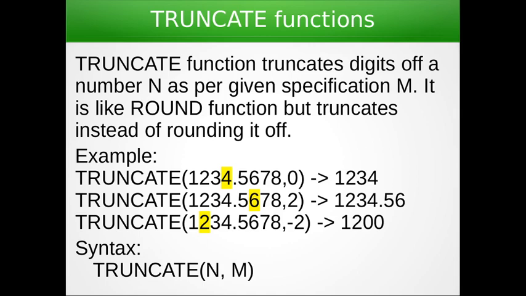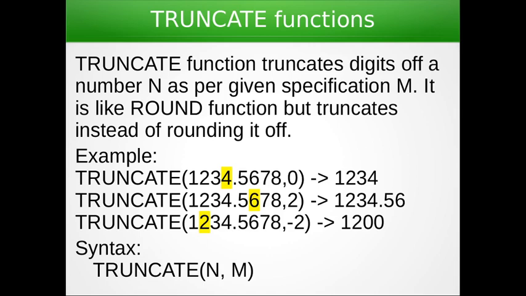As we have discussed in our round function, after the decimal point we look at the second place, that digit 6 is highlighted. In the third example, not after the decimal point but before the decimal point, meaning from the decimal point you have to move towards your left side.